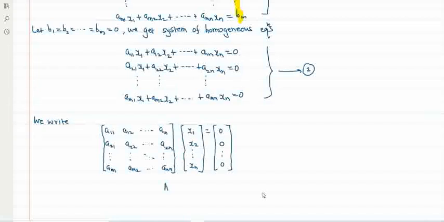Now this system I will denote as AX equal to O. O means null matrix or 0 matrix.